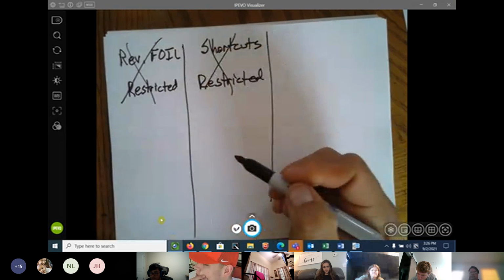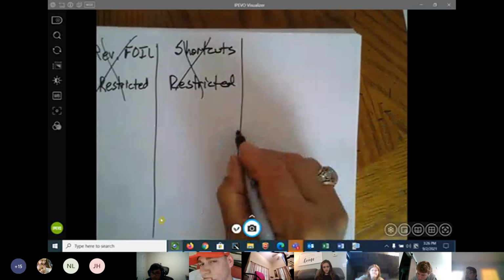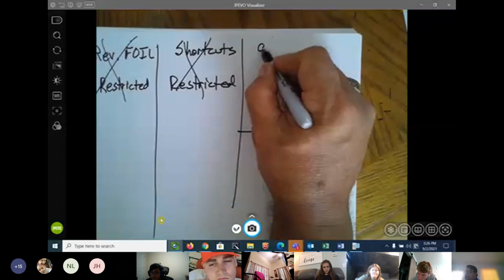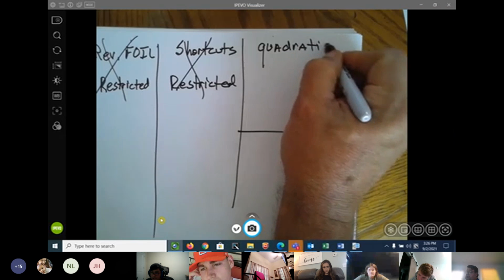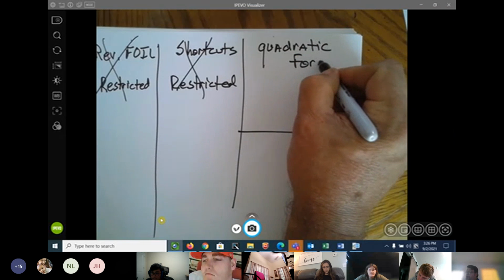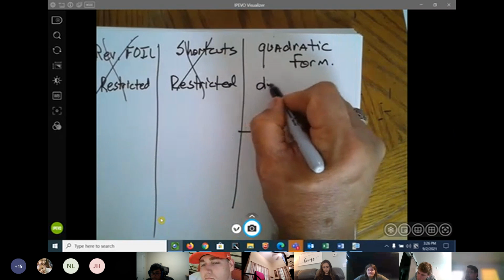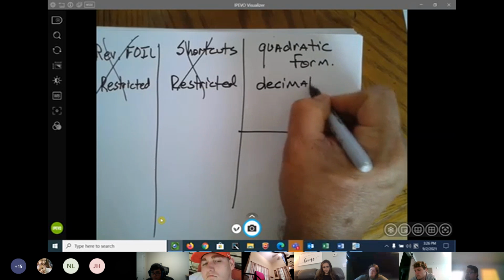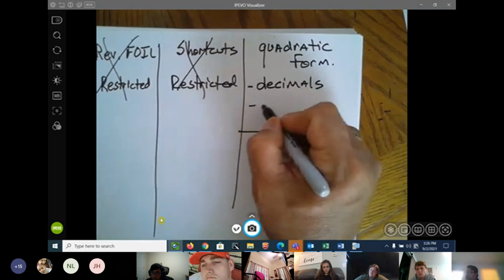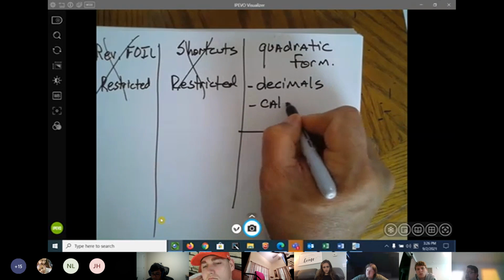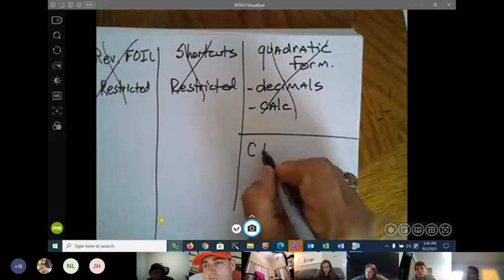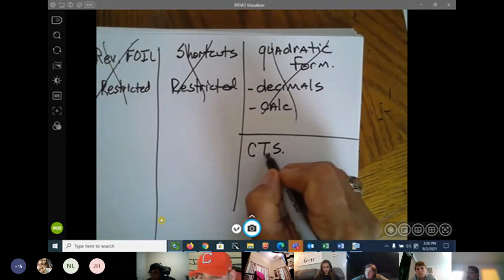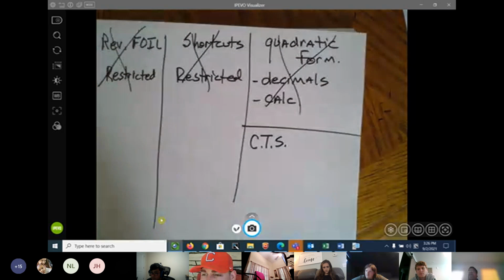The quadratic formula is useless, for two reasons. The quadratic formula is only used with decimals, and you have to rely on the calculator. So the only thing that's worth anything is completing the square.